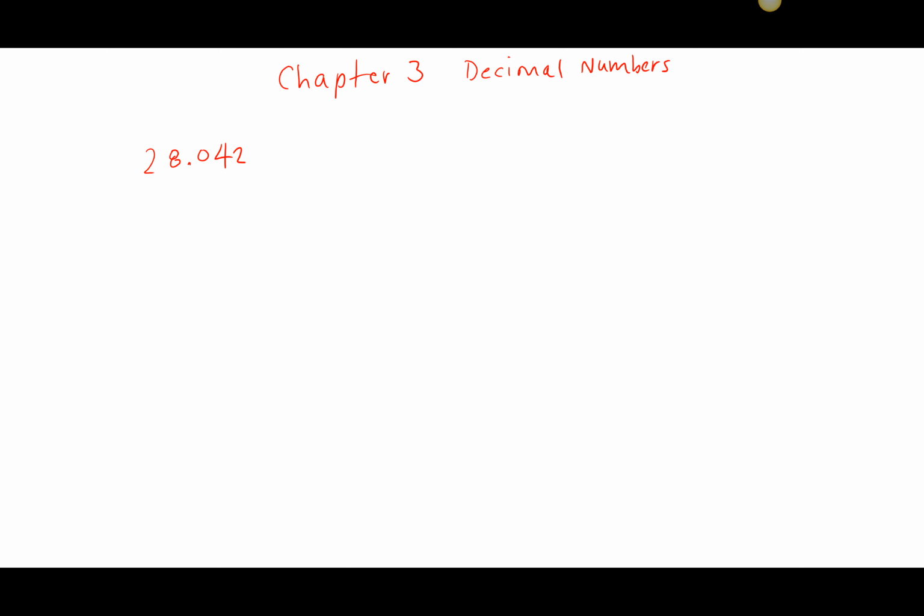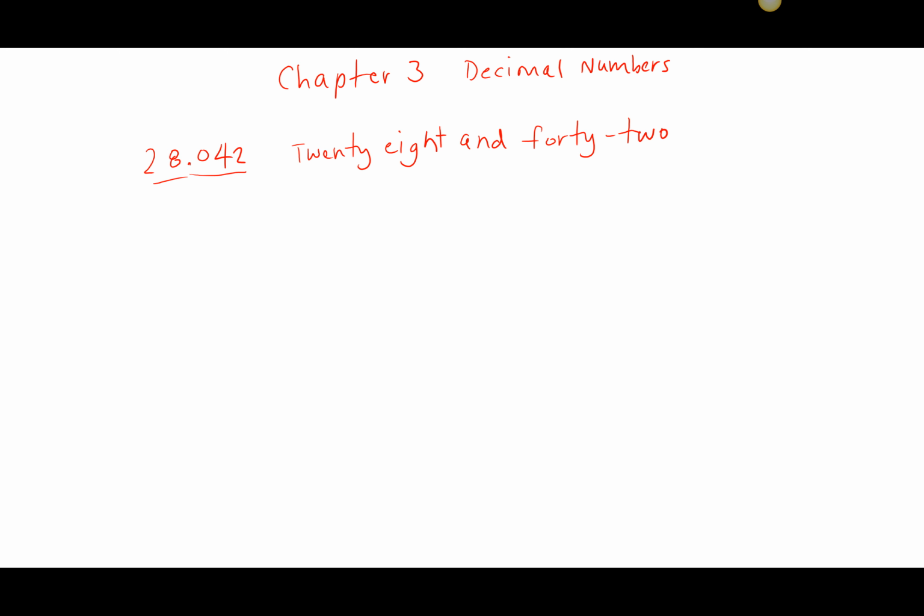Well, that would be 28. Okay, so that's just this part of the number. 28 and. Now this part of the number with the decimal, 0.042, that's going to be 42.